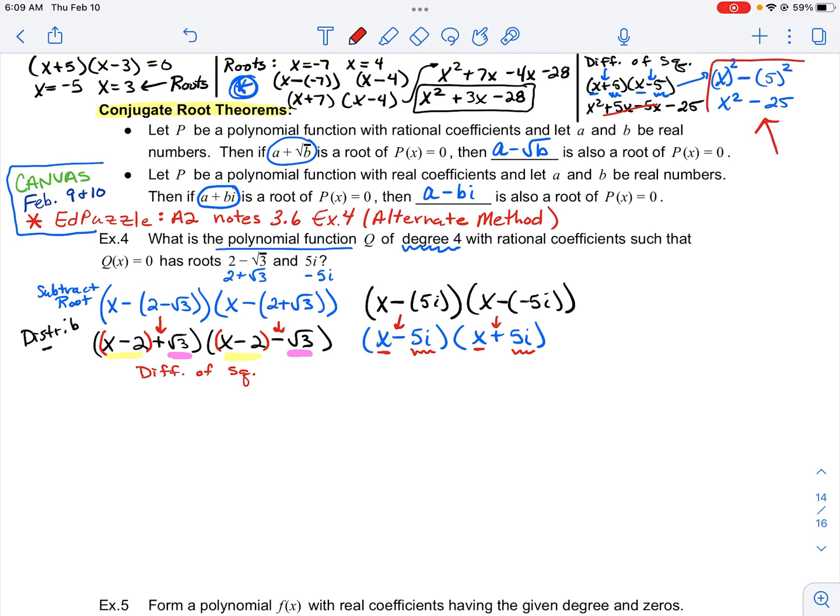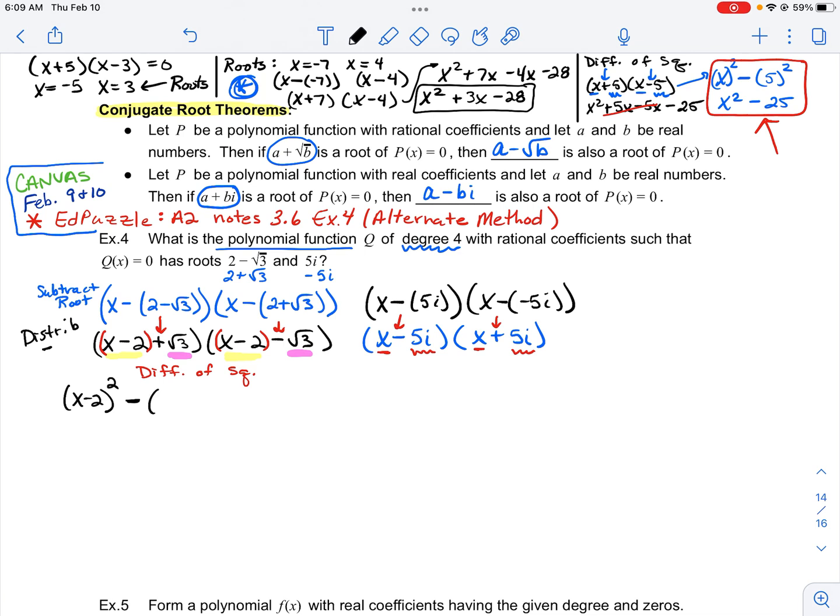So I'm going to go back to my intro, my review at the top, and I'm going to rewrite it as the quantities and squaring them. So I'm going to take x minus 2, because that's my first quantity, and I'm going to square it.